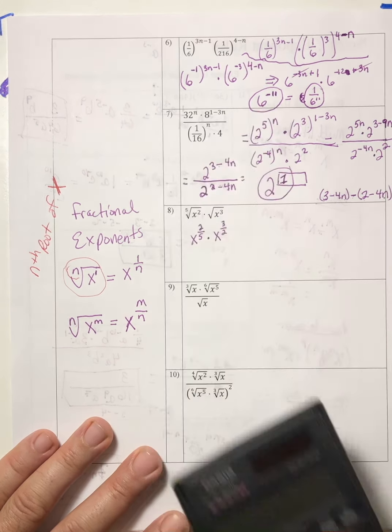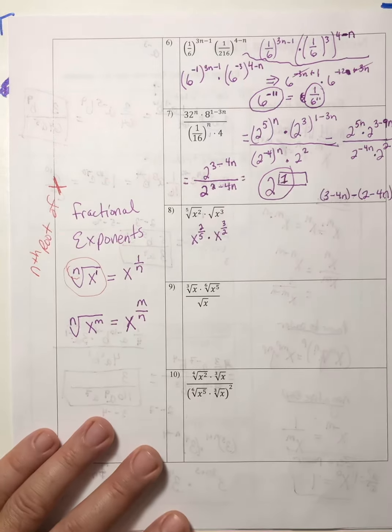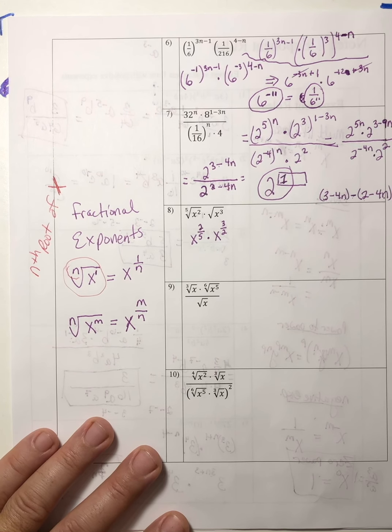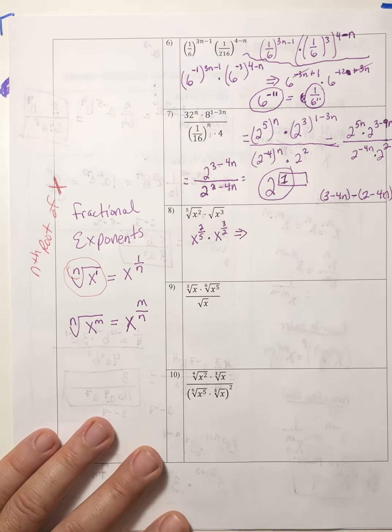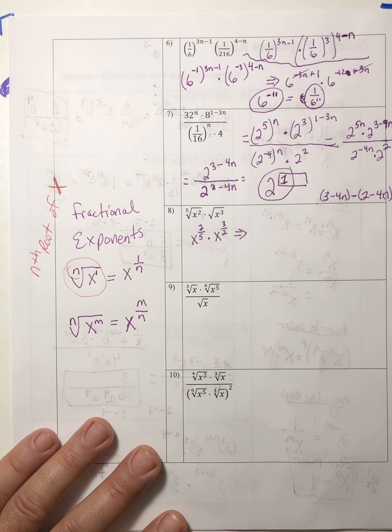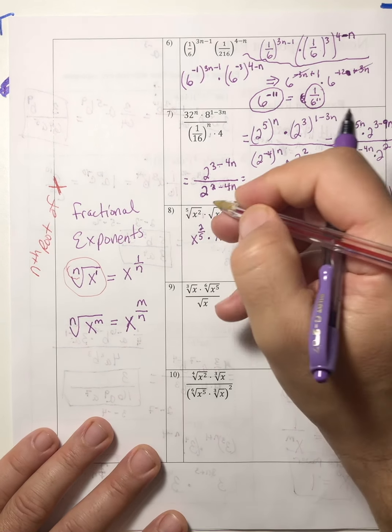All right, multiplying like bases, what do we have to do with the exponents? That's right, we have to add. Now, some of you may have a calculator that can add fractions. Then pull it out and use it. If not, you're going to have to add fractions the old-fashioned way. I have to have a common denominator.